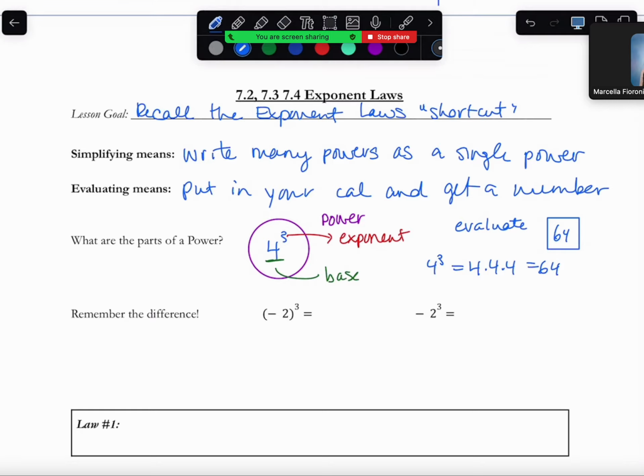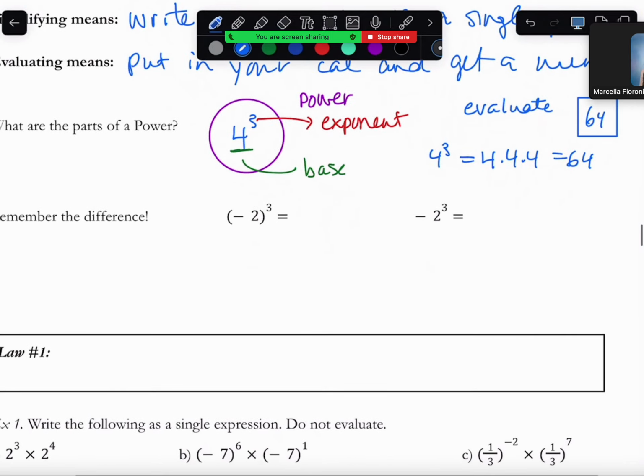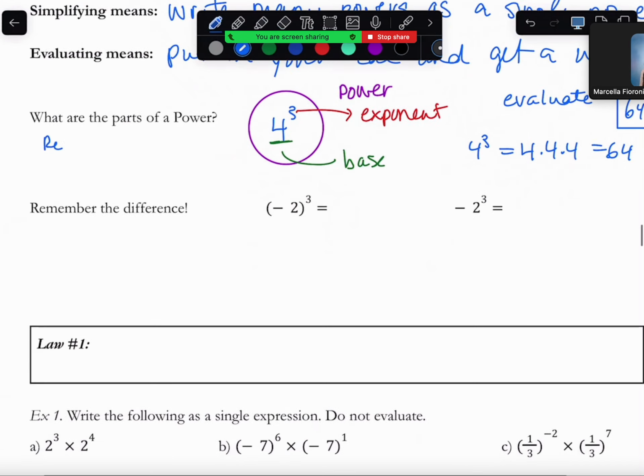Now, before we get into it, I want to remind you of the difference between, when I say it out loud, it sounds exactly the same, (-2) to the exponent 3 and -2 to the exponent 3. You can tell that the big difference here is the set of brackets. Powers actually represent a repeated multiplication.